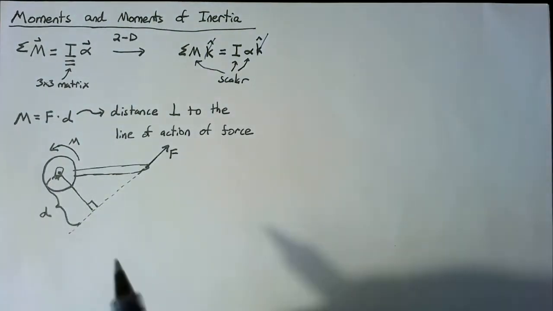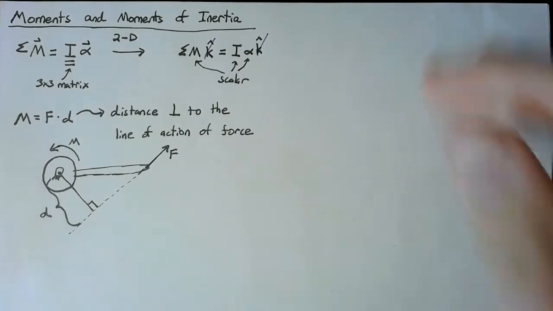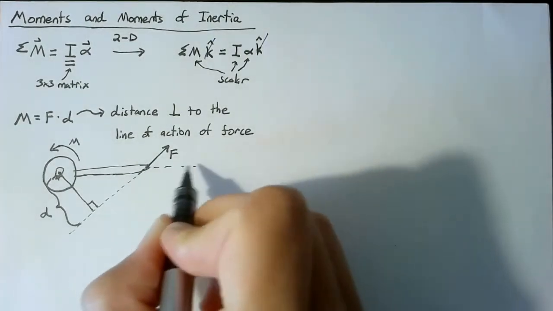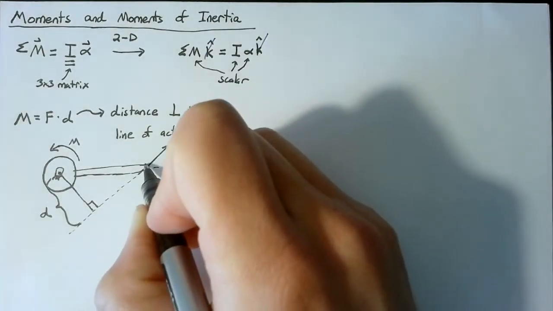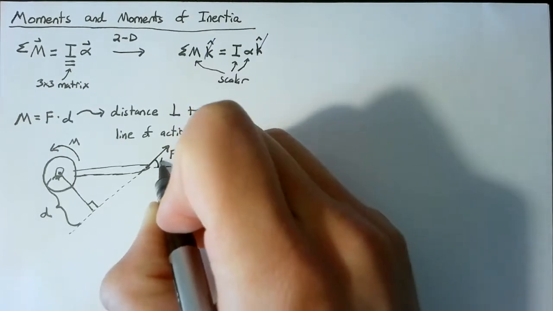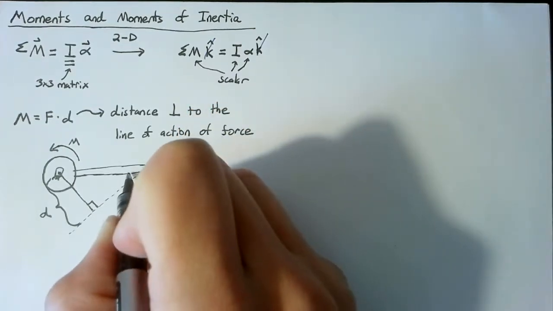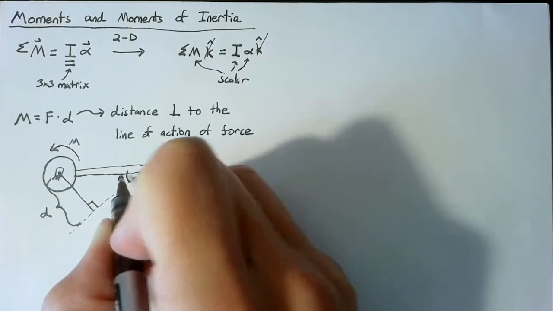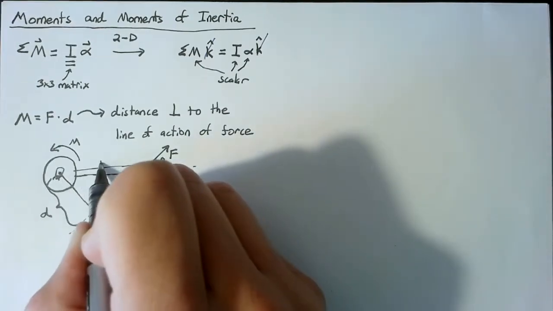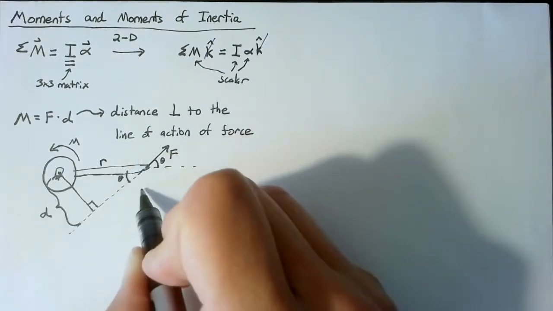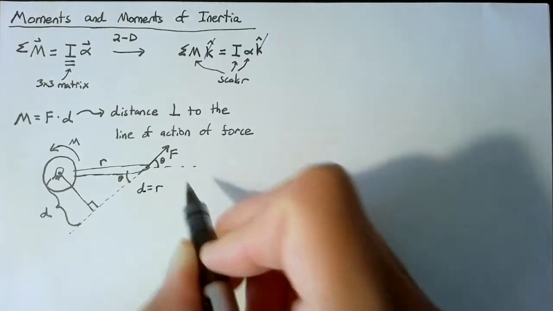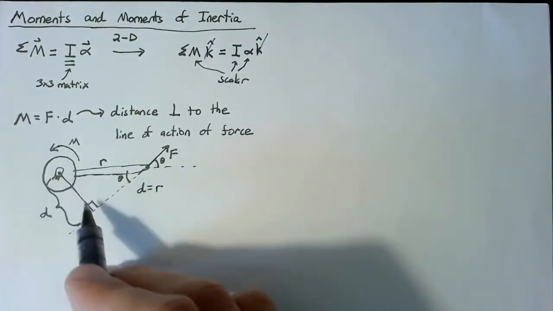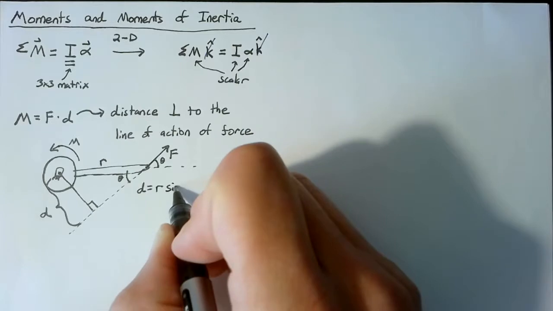We need to know some of the geometry of the problem in order to do this. So if we drew this out further, we could say that we have some theta here, which defines how this triangle is built. If we have some distance r, then in this case, d is equal to r multiplied by the sine, because we need the opposite of theta.